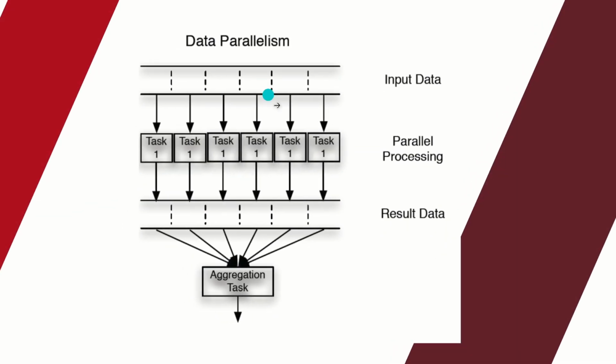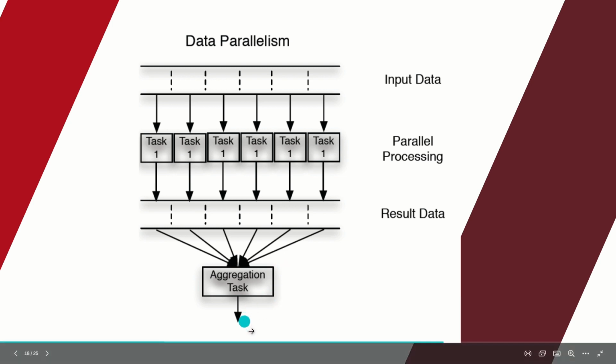This is a representation of how data parallelism works, where you have the input data in the form of an array, let's say, and each segment of that array is given to a task. The same task is done in parallel, and each task will provide a result. The results provided by each of the tasks which ran in parallel will be aggregated together and the final result will be provided.